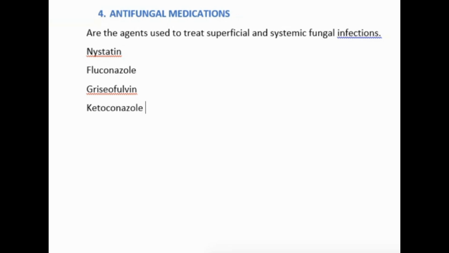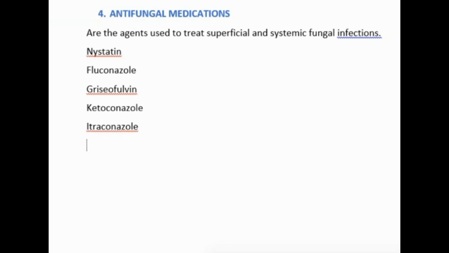Ketoconazole is an antifungal medication which is used to treat superficial or systemic fungal infection, as I have stated above. Okay, we also have itraconazole. Itraconazole is also an antifungal medication which is used to treat superficial and systemic fungal infection.